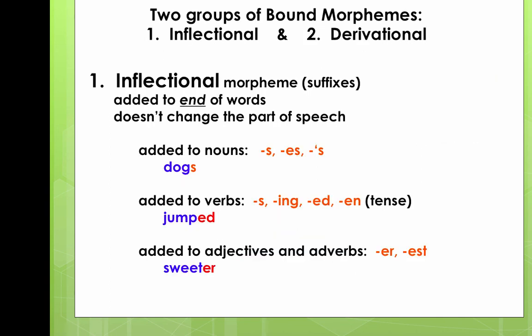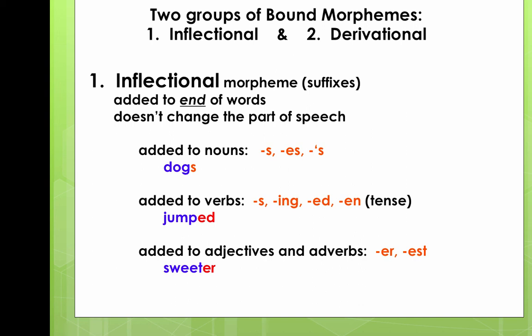There are two groups of bound morphemes. There's an inflectional and a derivational. Inflectional morphemes are always a suffix. They are always added to the end of words, and they don't change the part of speech. So, for example, you can add s to the ending of a noun and create a plural, but it doesn't change it away from being a noun.